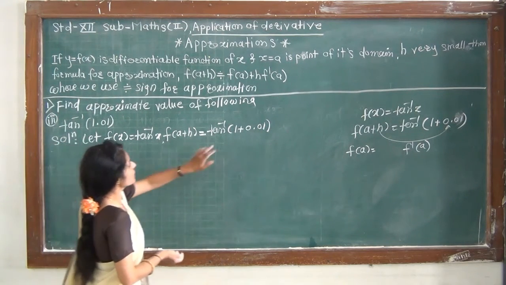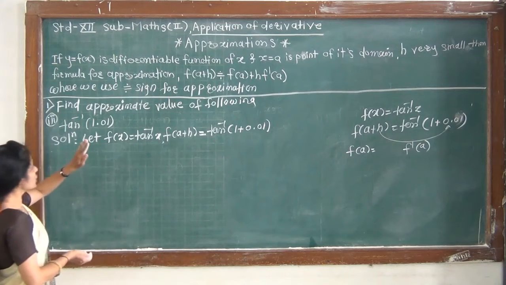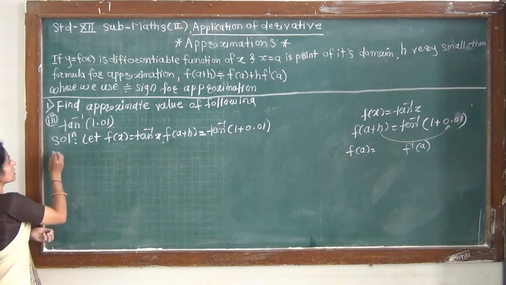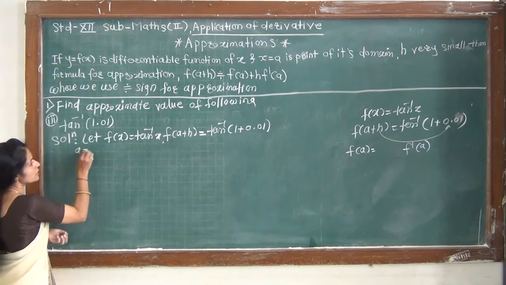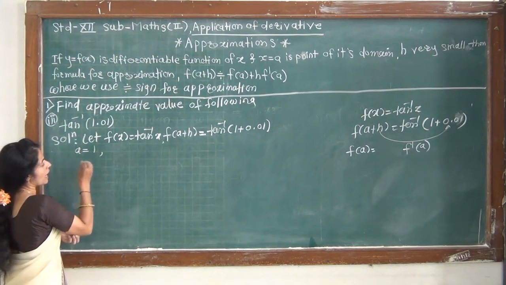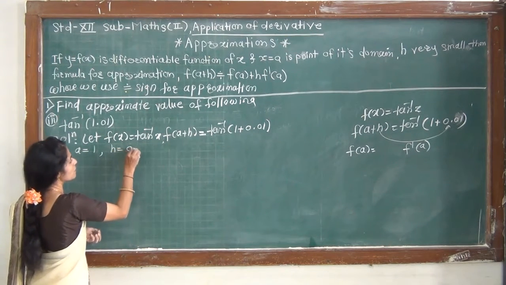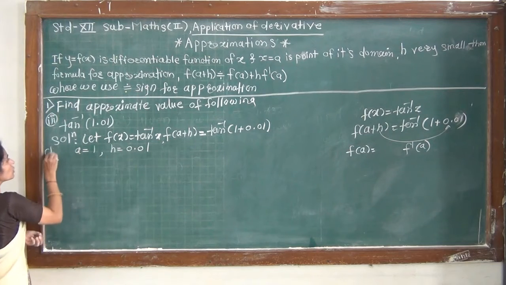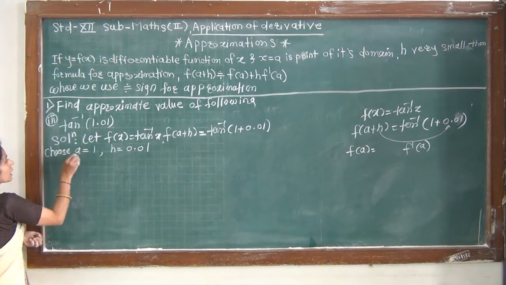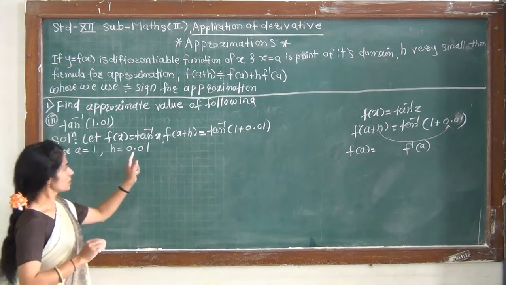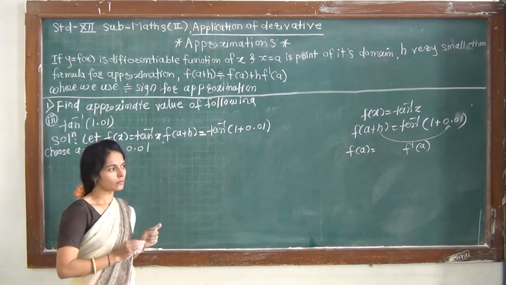So observing this identity, we can say that the value of a is 1 and the value of h is 0.01. So we choose a is 1 and h is 0.01.